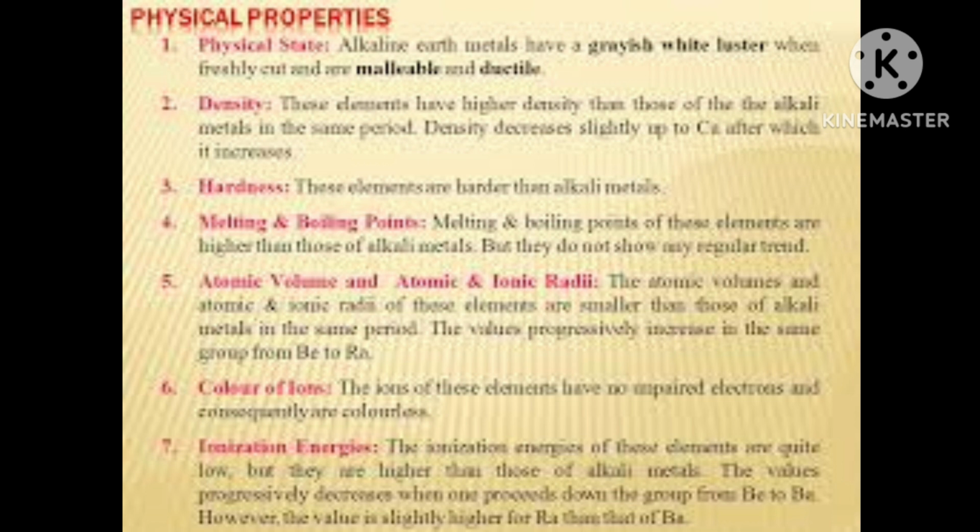And for magnesium I am telling the value in percentage by weight, it is 2.6% by weight. And calcium is found more, that is 4.6% by weight.